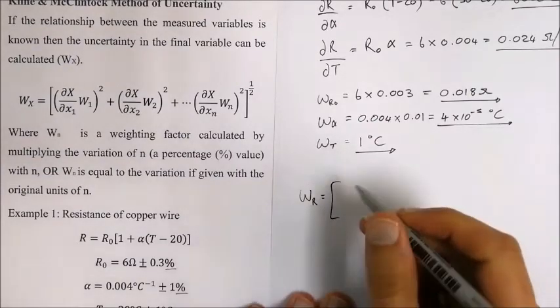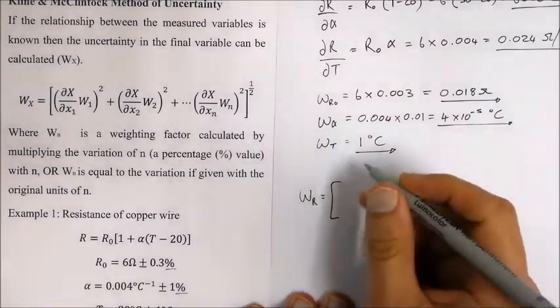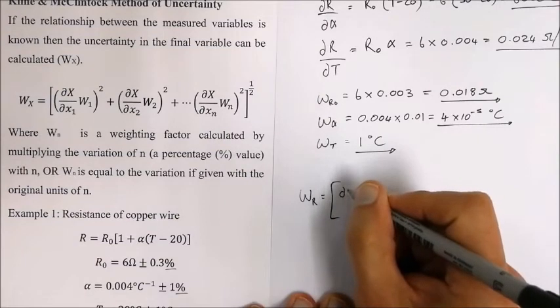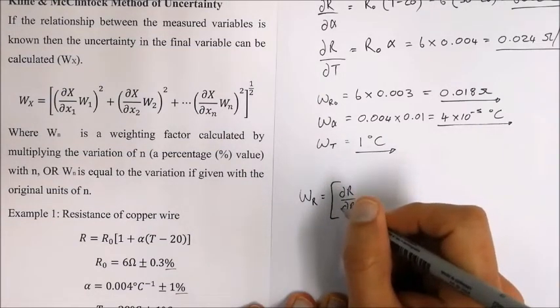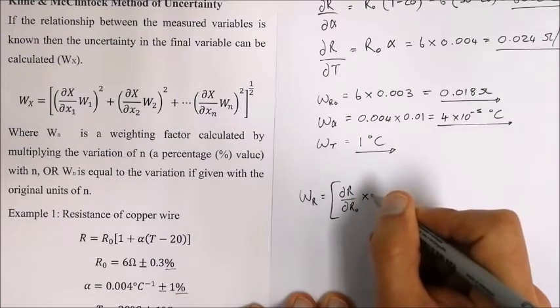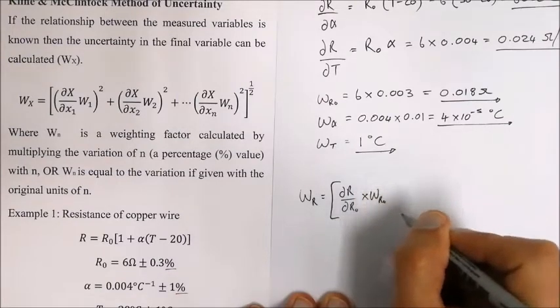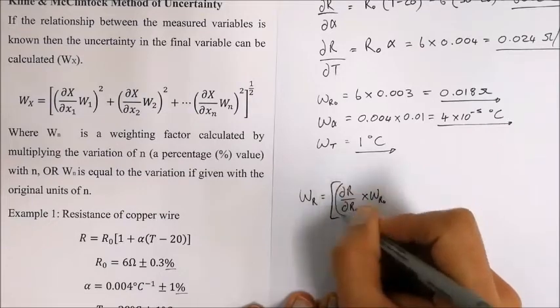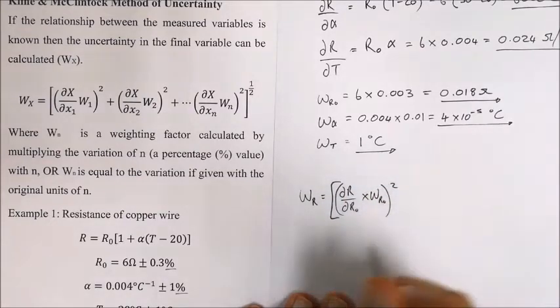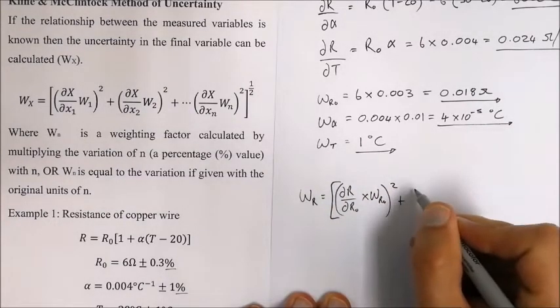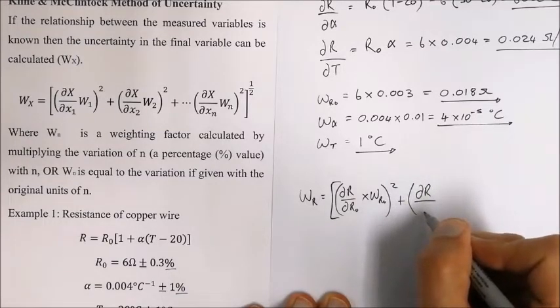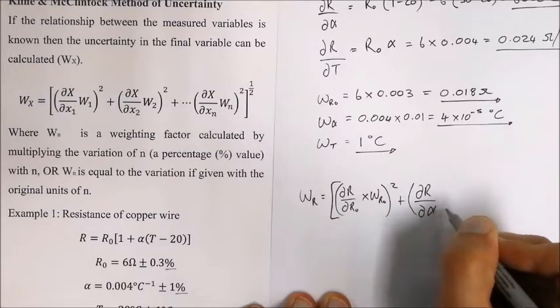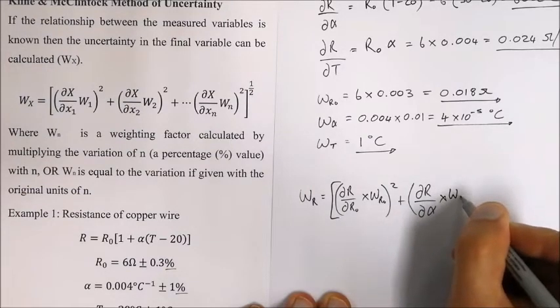So we're going to say this is equal to dR/dR0 multiplied by the weighting factor of R0. We're going to square that, and then we're going to add dR/d alpha multiplied by the weighting factor of alpha.